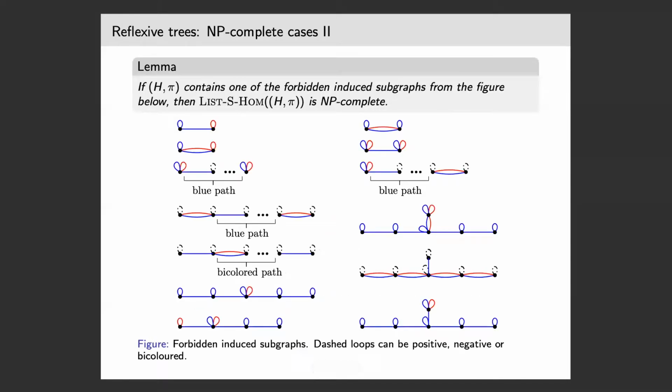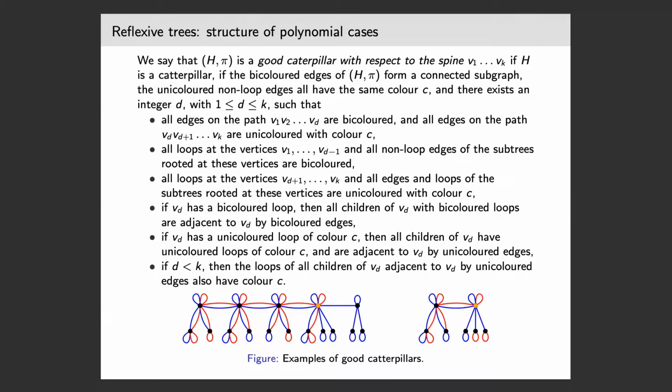We have also this family of forbidden induced subgraphs, this time more populated. The means for proving their NP-completeness is either chains, large sign core, or other ad hoc arguments. Note that in the figure, dashed loops can be positive, negative, or bicolored. Finally, we define good caterpillars.